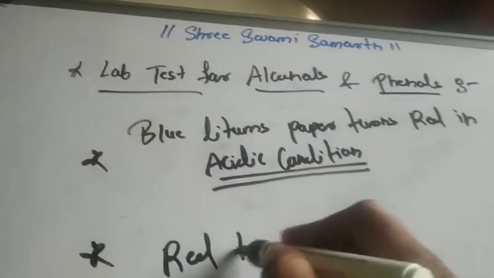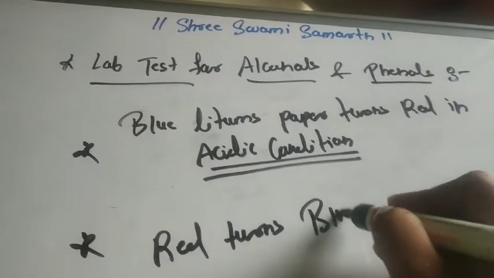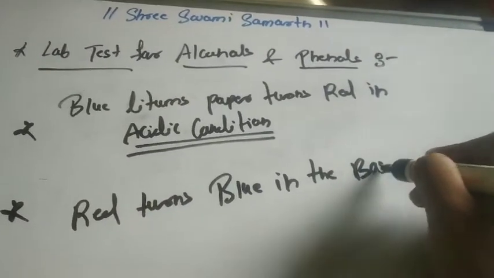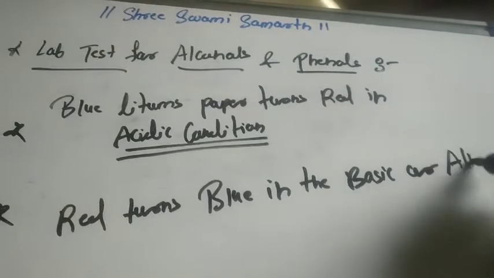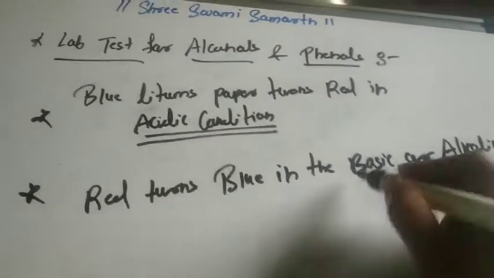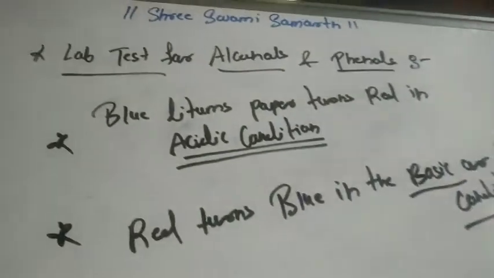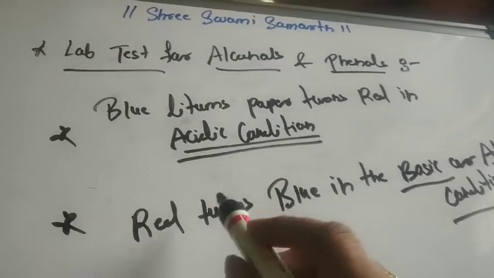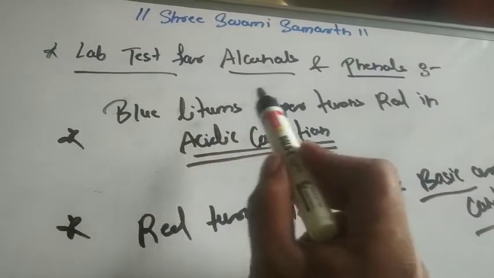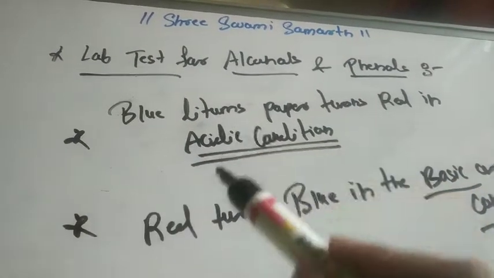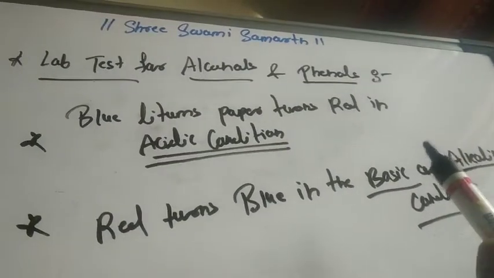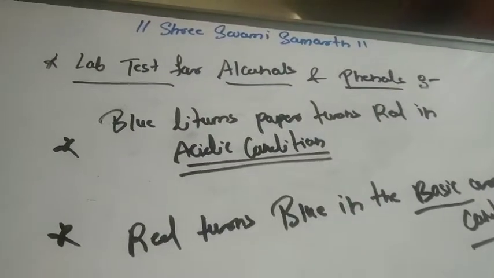Rule number 2, red turns blue in the basic or alkaline condition. Right? So this is what you need to remember about the litmus paper test. So two litmus papers are there, blue litmus and red litmus. If blue turns red, it will be an acidic condition. If red turns blue, it will be a basic or an alkaline condition. So you all need to remember this.